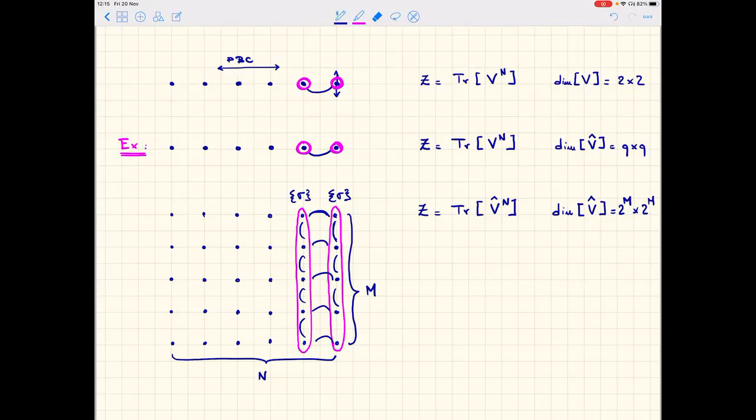For the Potts model it is actually Q possibilities, between 1 and Q. So this is the difference. Then of course it is true that as a consequence, the Potts model has Q degenerate ground states at T = 0, and the Ising model has only 2 degenerate ground states. But this is just a consequence of the dimension of the local phase space. Okay, so is it clear now?